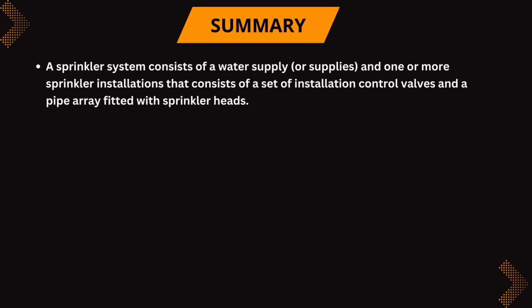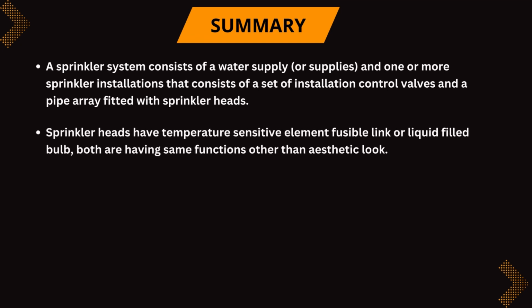To summarize, a sprinkler system consists of a water supply and one or more sprinkler installations that consist of a set of installations, control valves, and a pipe array fitted with sprinkler heads. The sprinkler heads have a temperature sensitive element, either a fusible link or a liquid filled valve.